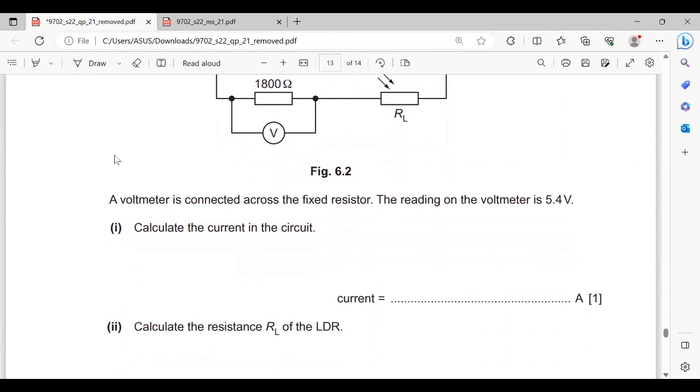The current, it means we're going to find I. The symbol of current is I. I equals V over R. It means I equals how much V? Yes, 5.4.